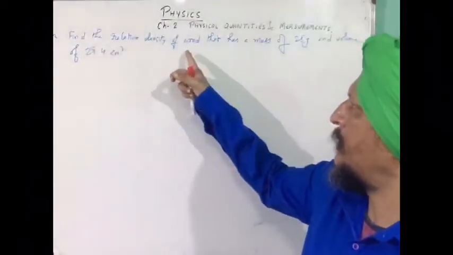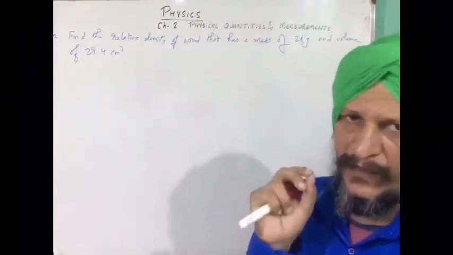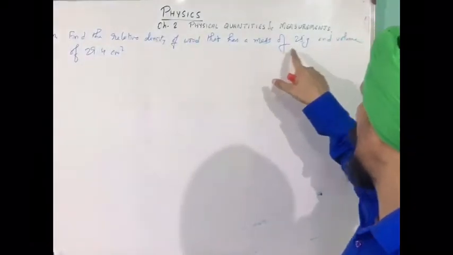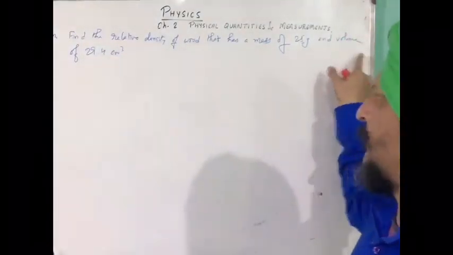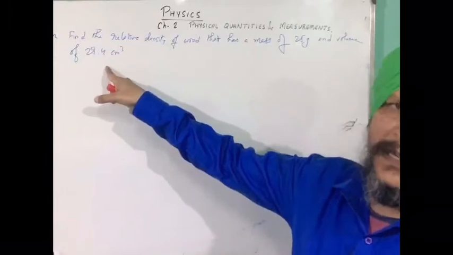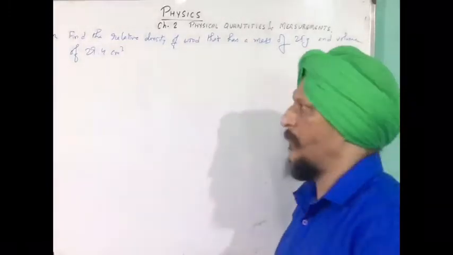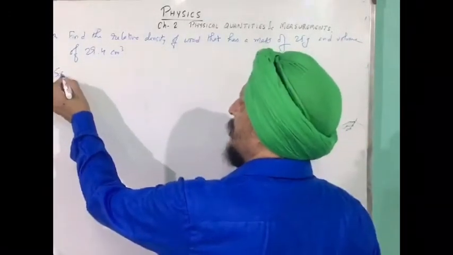This is the third question. Find the relative density of wood that has a mass of 25 gram and a volume of 29.4 centimeter cube. What is given here?